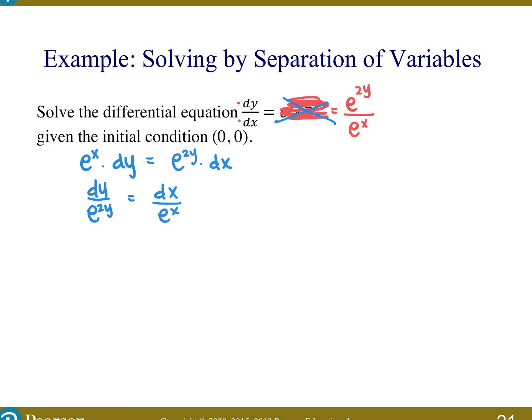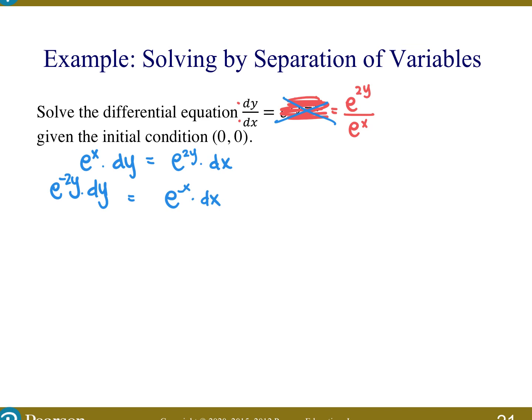But again, it's really preferable not to write it like that, but to use negative powers to write it differently. So instead of writing e to the 2y, I'm going to write e to the -2y. And I'm going to erase that e to the 2y down there. And on the other side, instead of writing e to the x, I'm going to write e to the -x. So let me clean that up too.